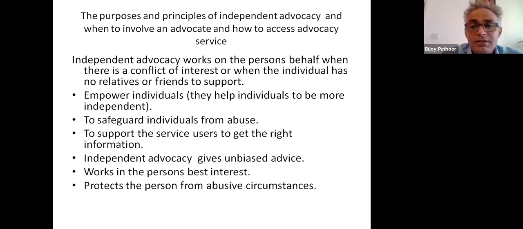They help the individuals to be more independent. An advocate can suggest that this person should be doing more things independently, should be doing the shopping independently, should be paying the rent independently, etc. So their suggestions can help the person to be more independent as well.